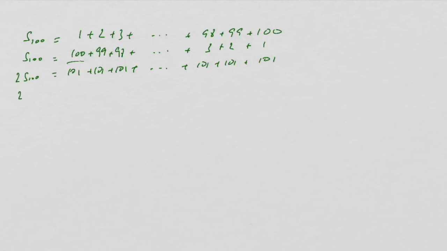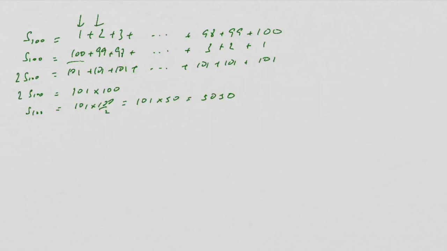Therefore, 2 times the sum up to 100 is equal to 101 times 100, because there are 100 of these additions. So the sum up to 100 is 101 times 100 over 2, which is 101 times 50, which is 5050.